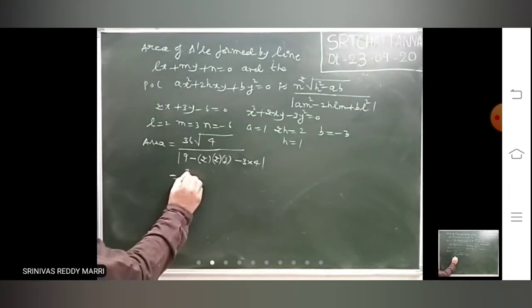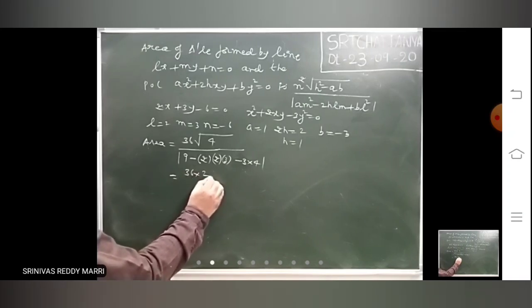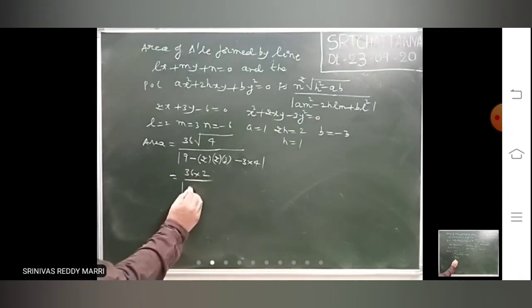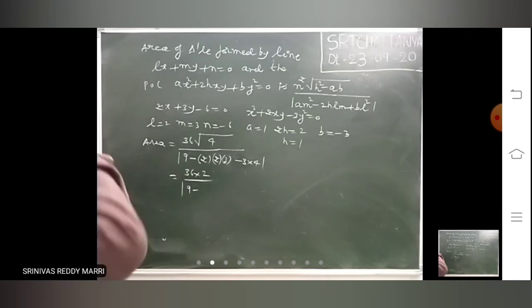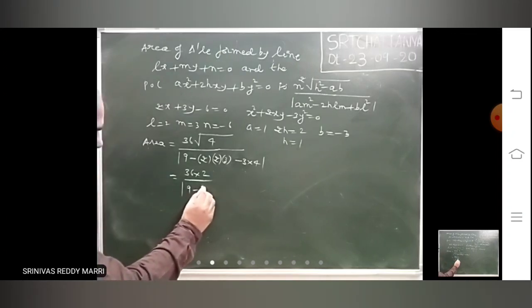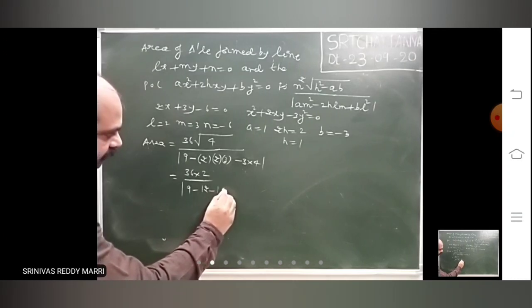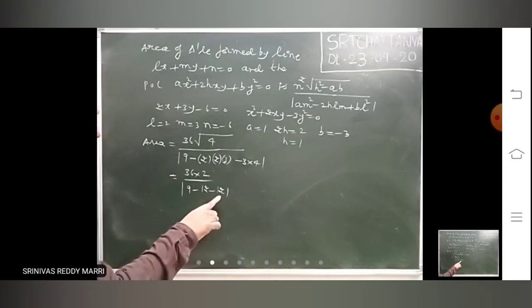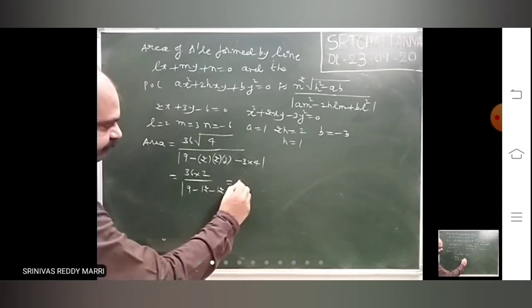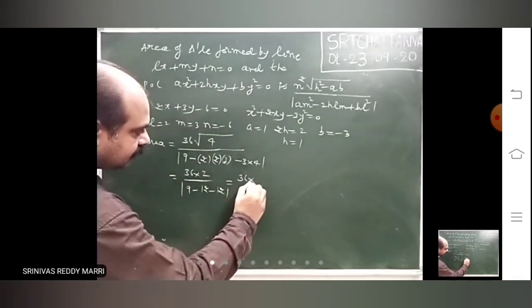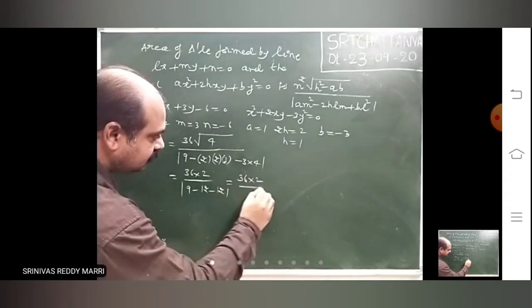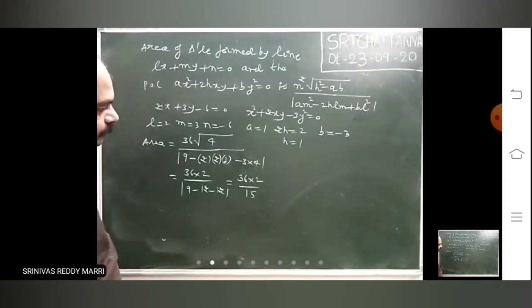So directly 36 into 2 divided by modulus of (9 minus 12 minus 12). So this is modulus of 9 minus 24, modulus of minus 15, that is 15. So 36 into 2 divided by 15.